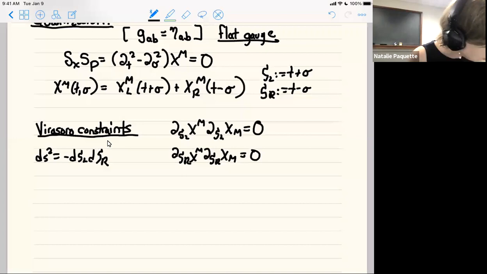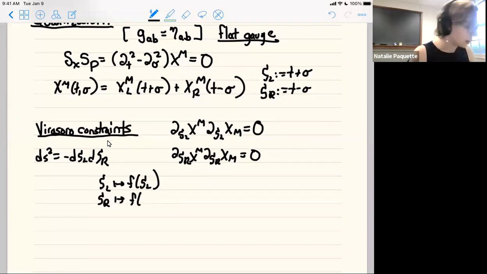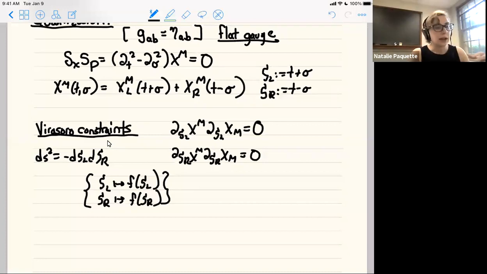If I do some coordinate transformation that takes zeta L to a function only of zeta L and zeta R to a function only of zeta R, then it's really easy to check that transformations like this, acting on the metric, can easily be undone by a suitable Weyl scaling. So there's a diff cross Weyl that leaves the metric completely invariant, and the relevant coordinate reparameterization, the diff part of that, is given by these fairly simple transformations.